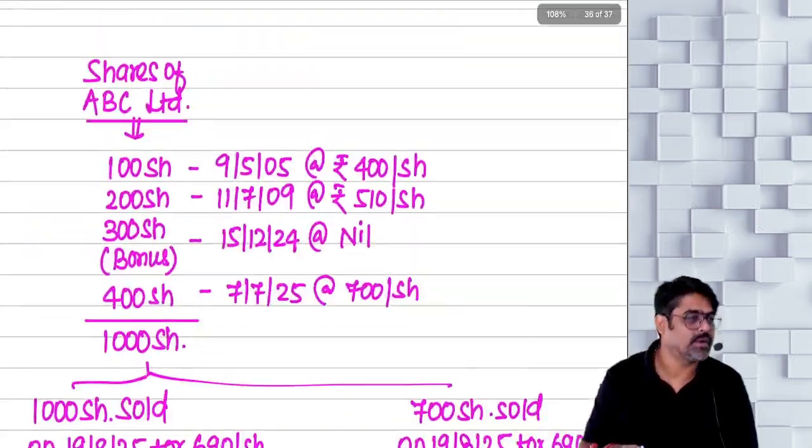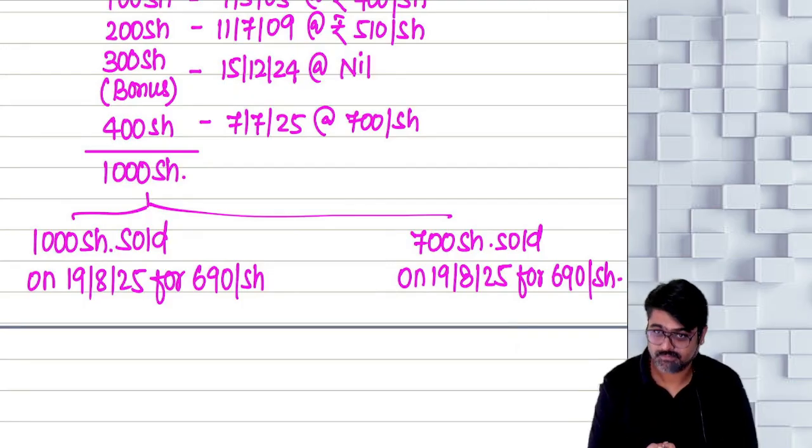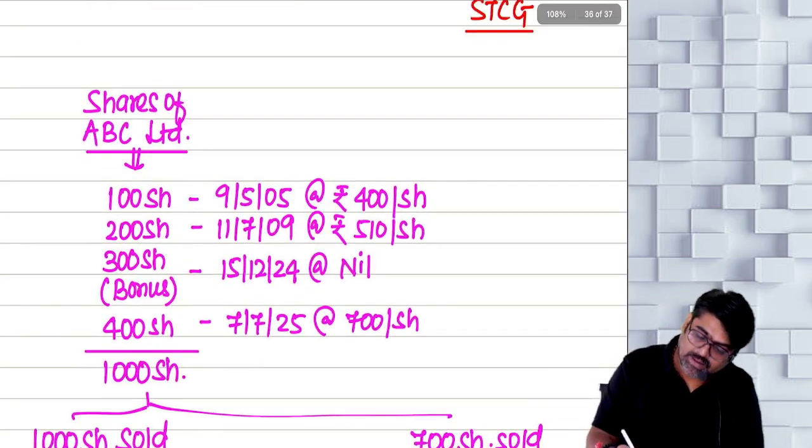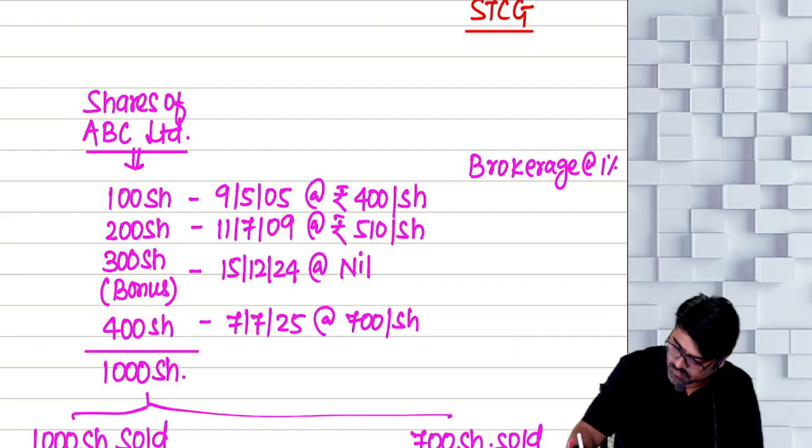How will you calculate the capital gains? Calculate. Please do the needful. These ABC Limited shares, see, at the time of purchase, brokerage was given at the rate of 1%.